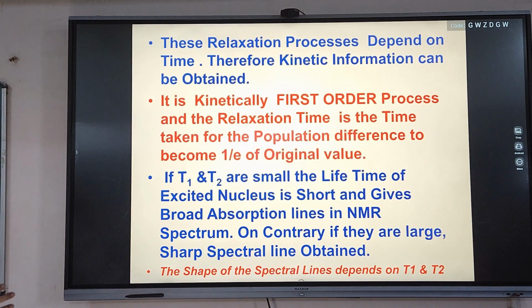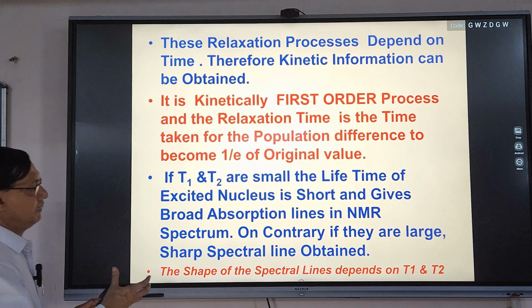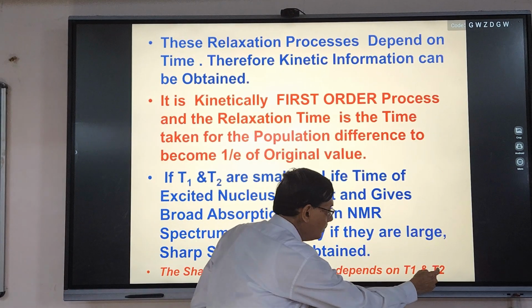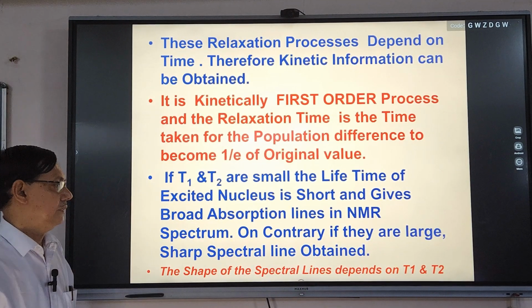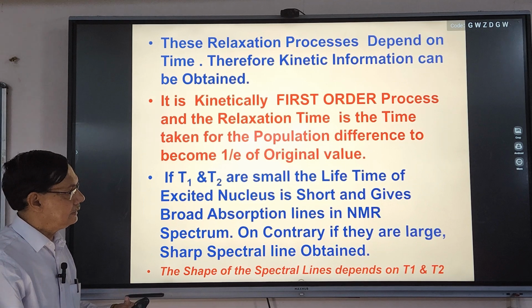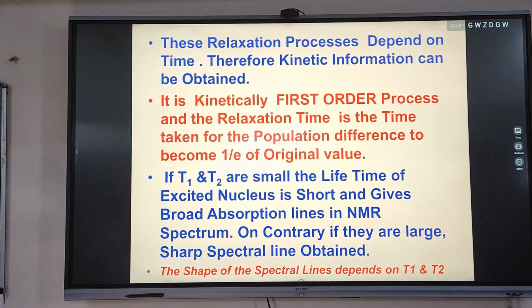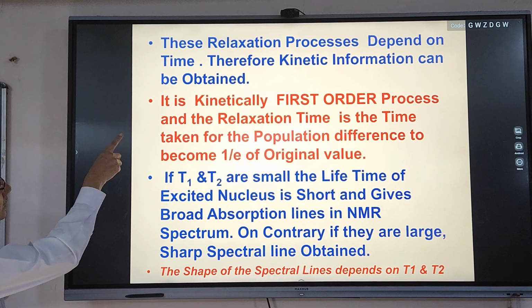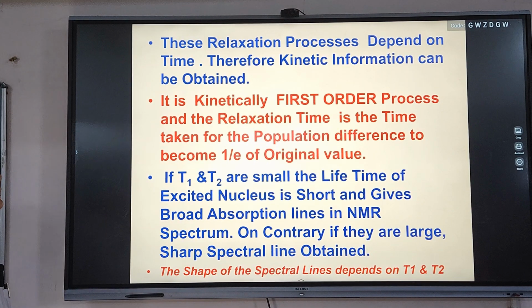Now just listen very carefully to how this relaxation time depends on the chemical kinetics and rate and other things. So these relaxation processes depend on time.